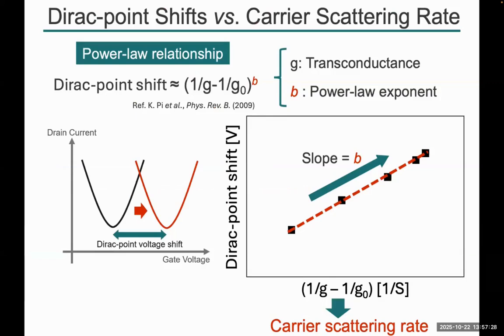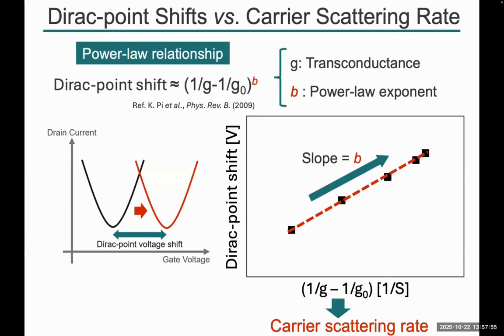Lastly, I'd like to explain the gas detection mechanism of our devices. To investigate the mechanism, our group focused on the power law relationship between the Dirac-point shift and the carrier scattering rate, where G is the transconductance of this device and B is the power law exponent, like here.